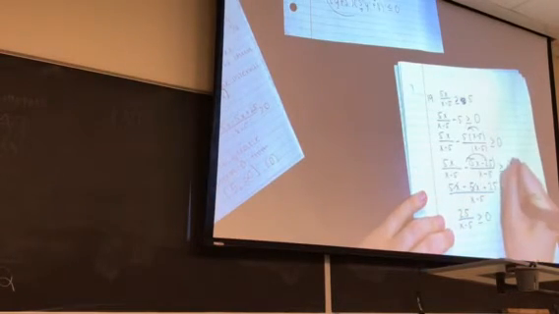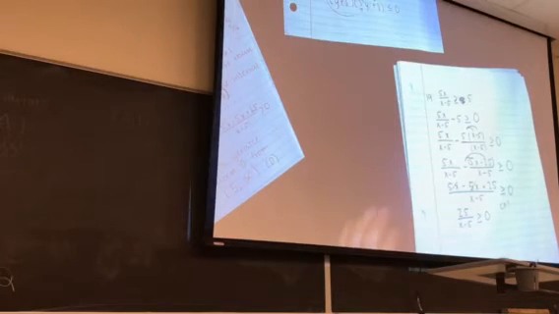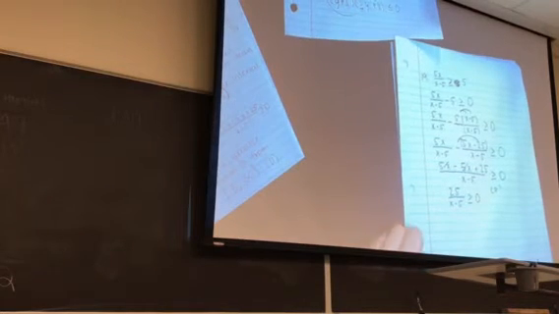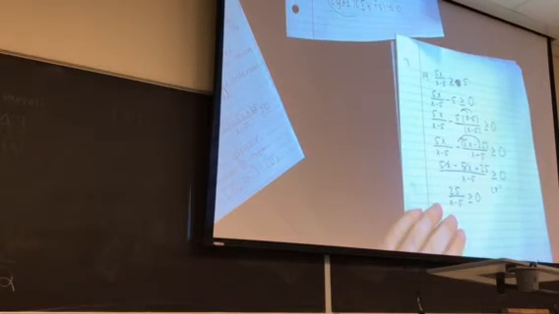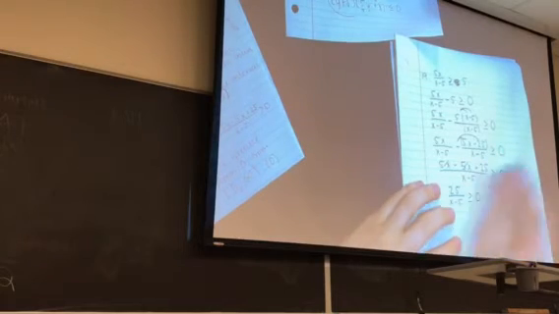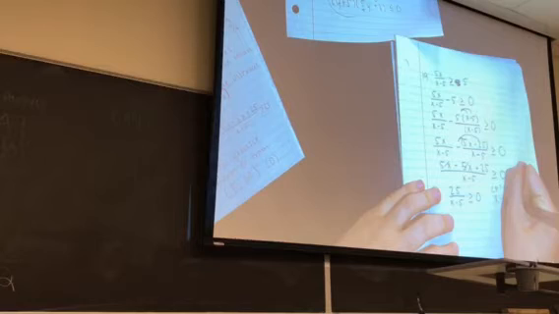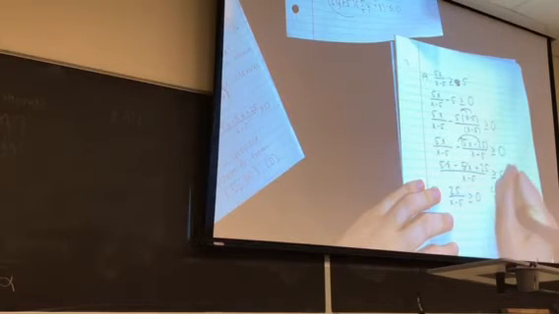And what are our critical points here? We're going to solve for the denominator to find the critical point. So x minus 5 equals 0. We get x equals 5.